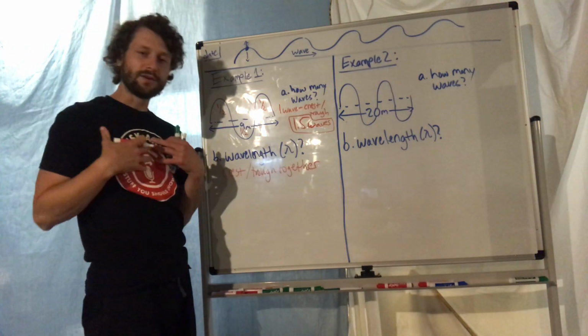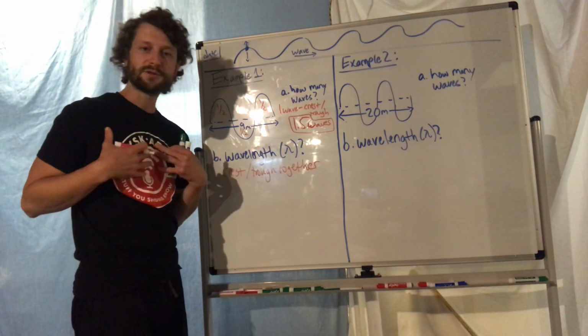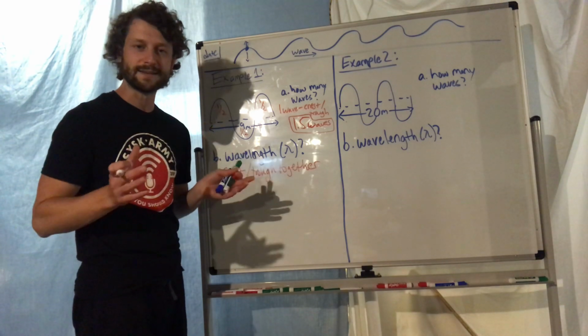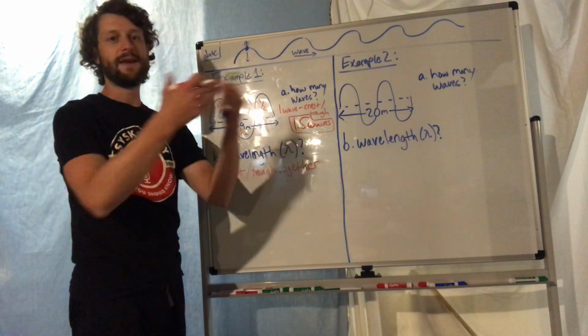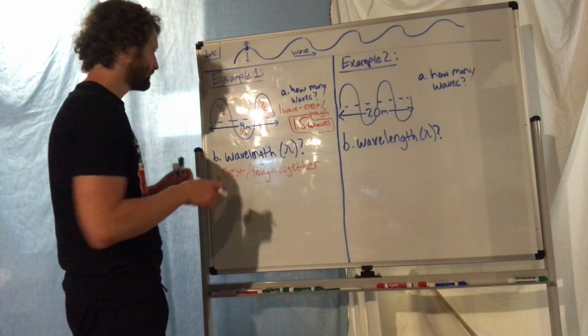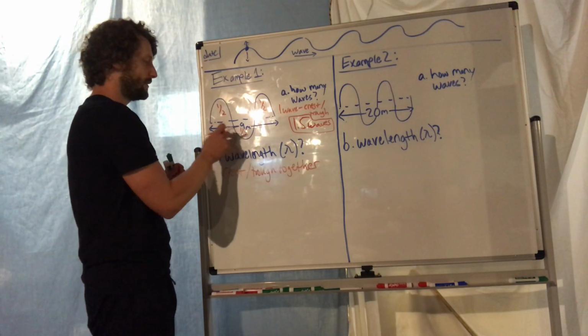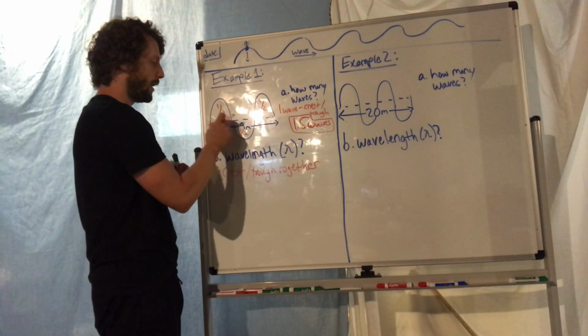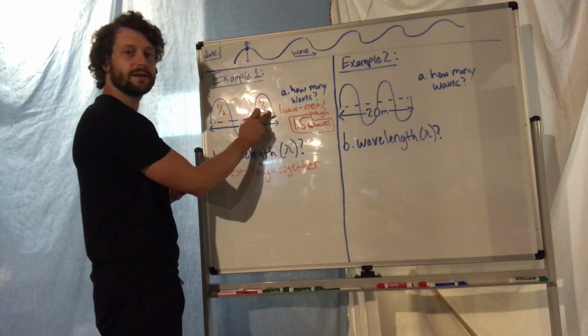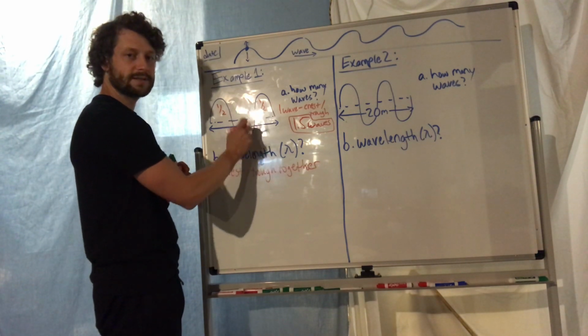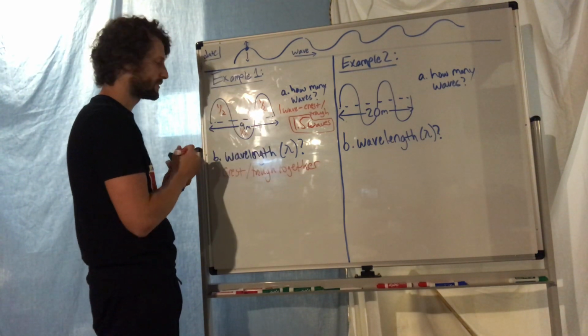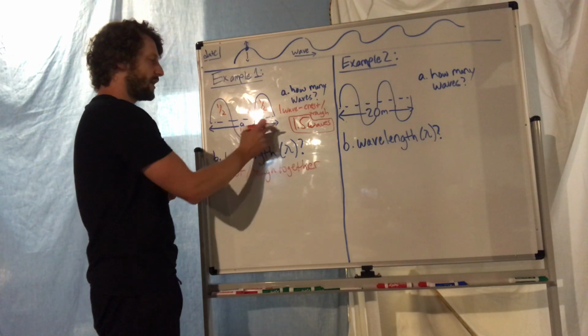What I like to do is to first measure how long just a crest is, and then figure out the wavelength. So if you look at this, there's 3 parts here. 1, 2, 3. 2 crests and a trough. 3 parts.